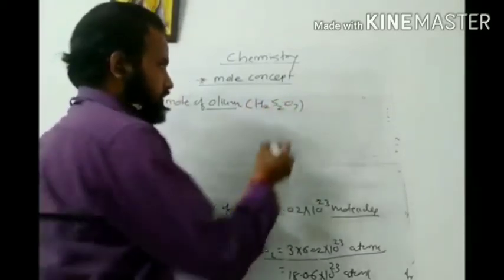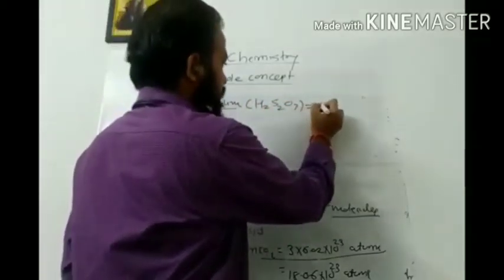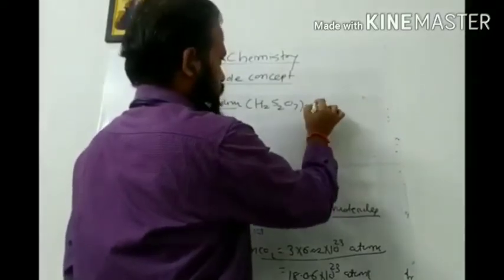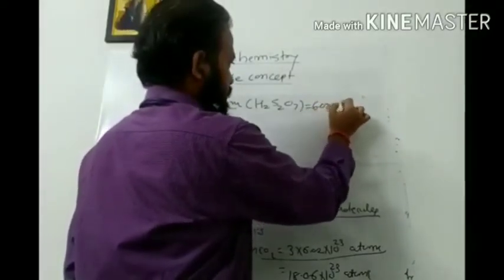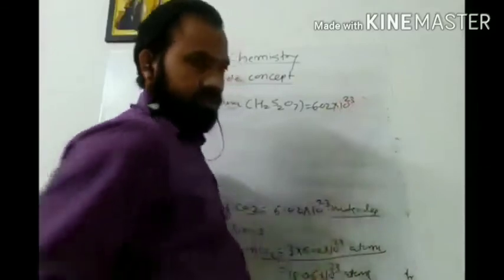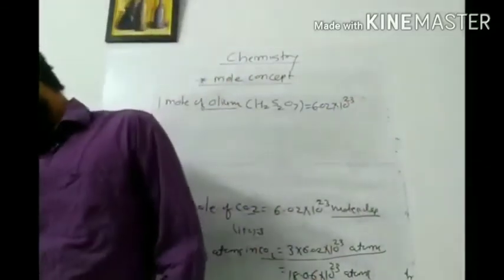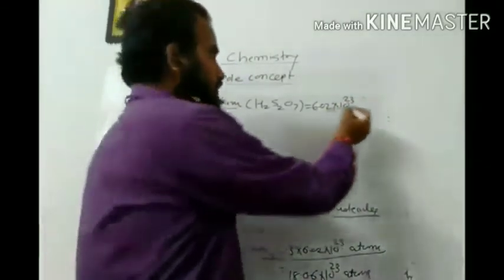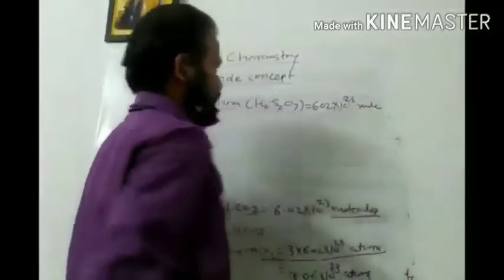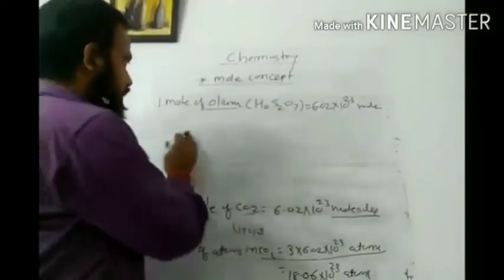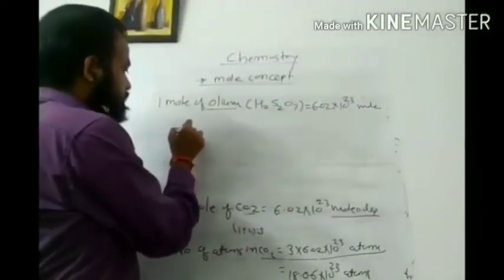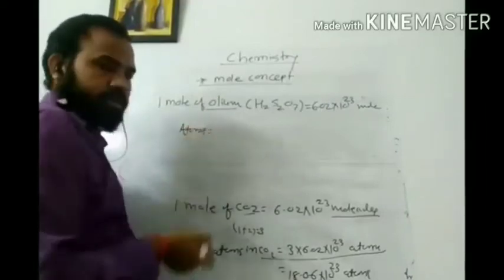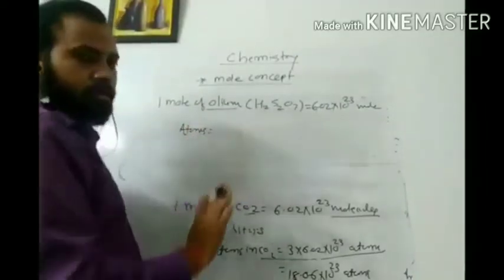So it is nothing but 6.02 into 10 raised to 23, isn't it? So that is the number of molecules, because it is available in the form of molecules. If I want to calculate atoms, as we already discussed, we have to multiply it by atomicity.